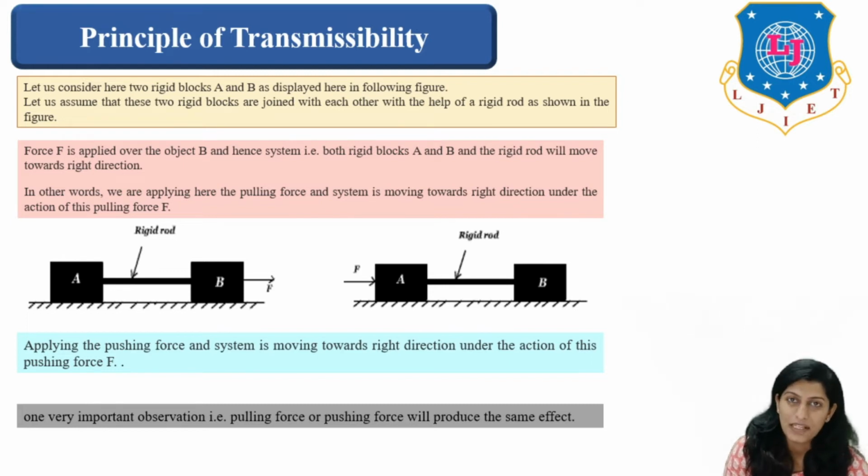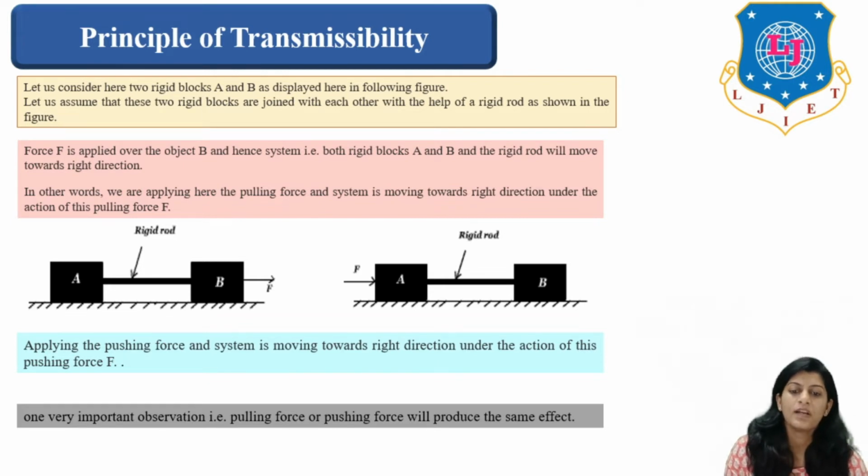Any body which does not deform or does not change its shape under external forces is termed a rigid body. Any body which neither deforms nor breaks down while applying external forces is termed a rigid body. So here the given condition is that both the bodies A and B and the rod, all the three components which we have used to understand this principle, are made up of rigid body.